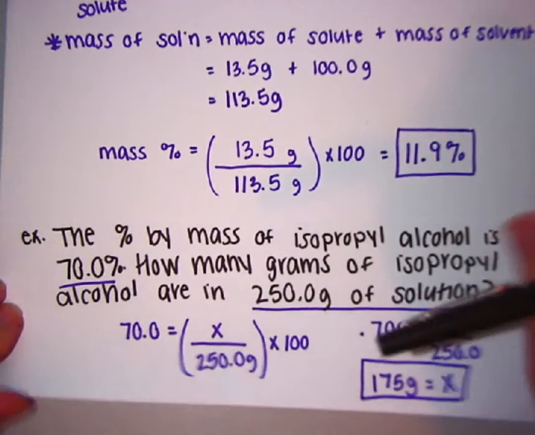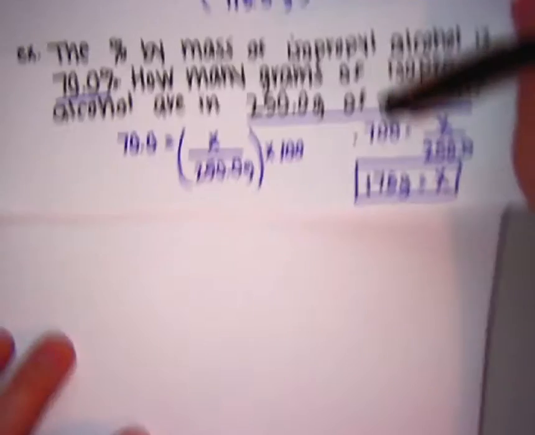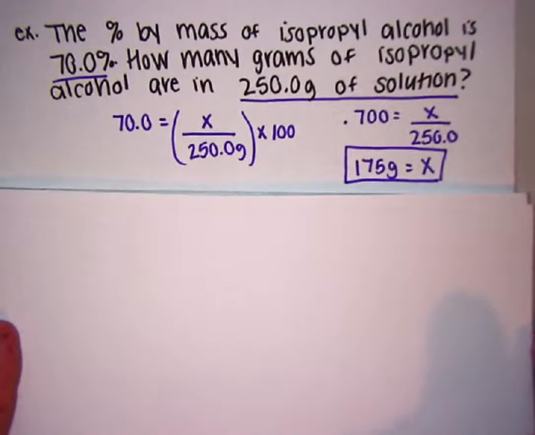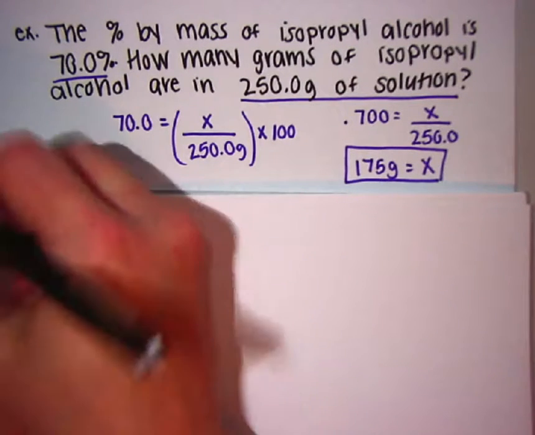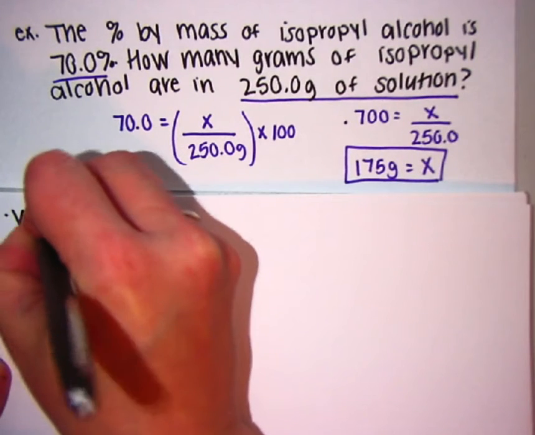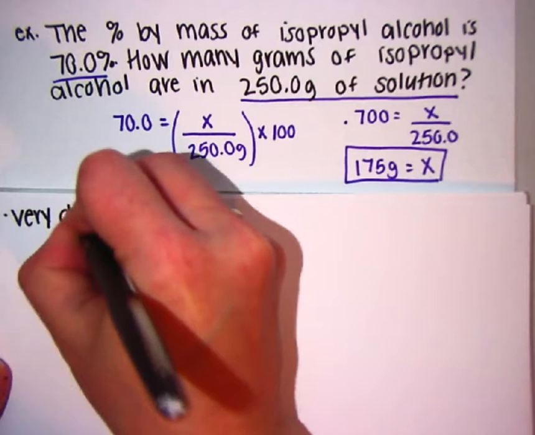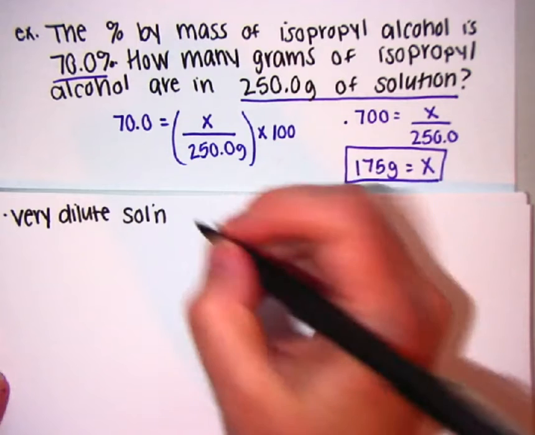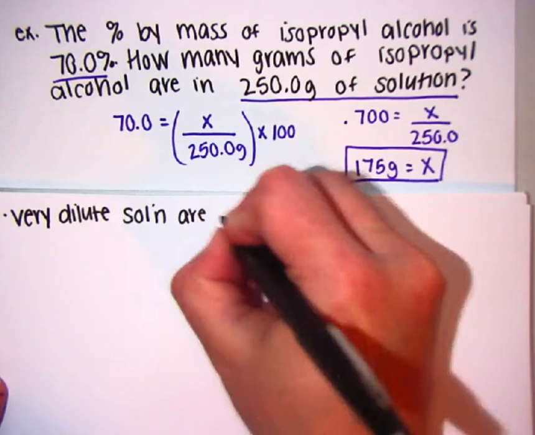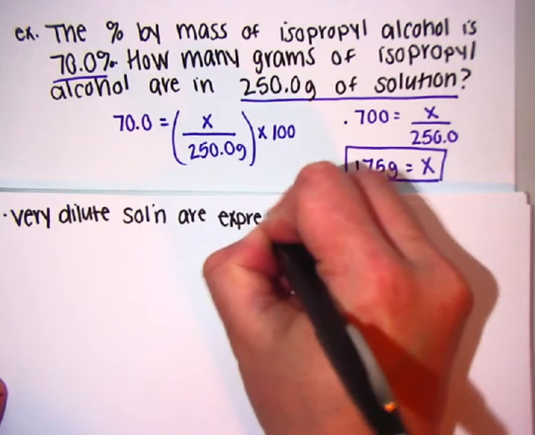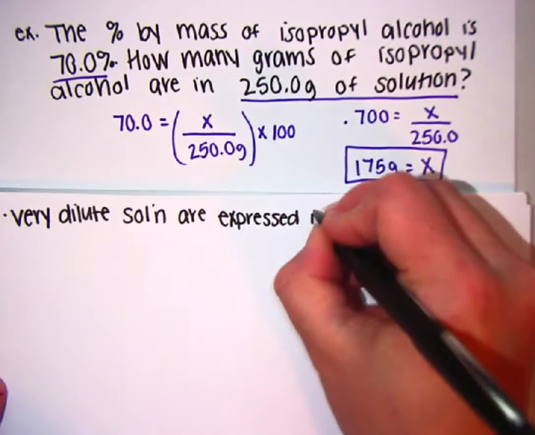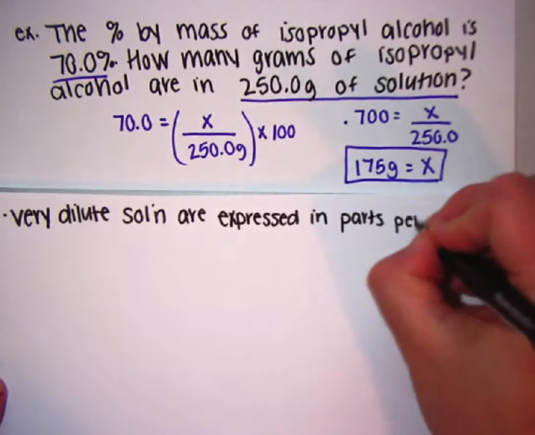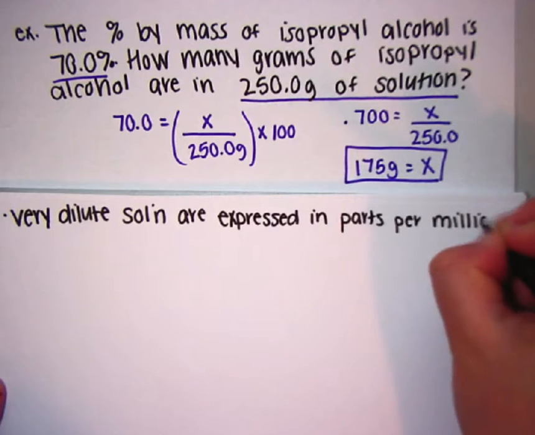Okay, we're going to do one more type of mass calculation. And we're going to do something slightly different if we have a solution that is very dilute. So it's not very concentrated. Very dilute solutions are expressed in parts per million.